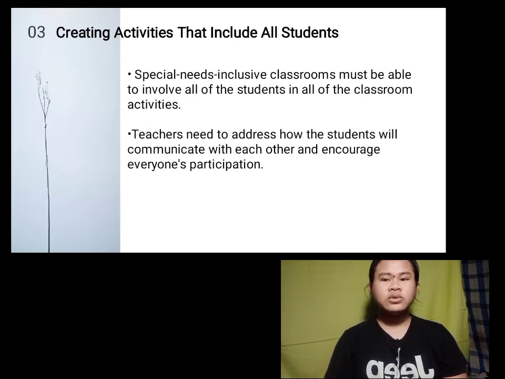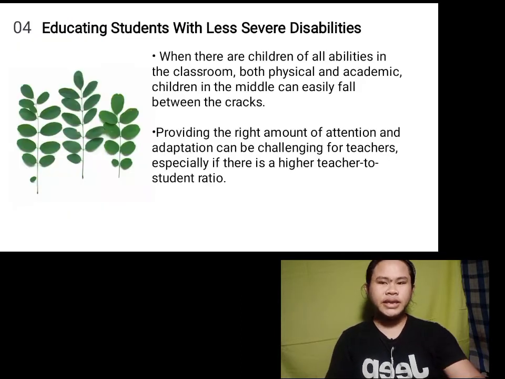So a teacher needs to address how the students will communicate with each other and encourage everyone to participate. As a teacher or educator in an inclusive classroom, you need to focus on how your students will learn by making your own way of teaching.